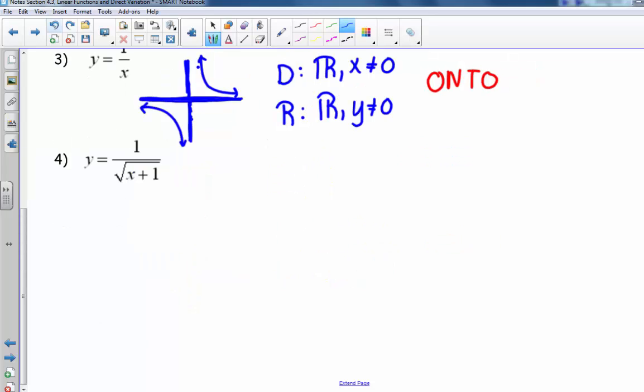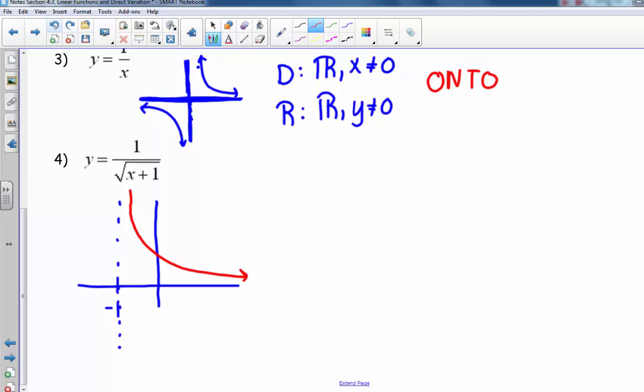Last graph. So in this graph, the domain, look at your x values.